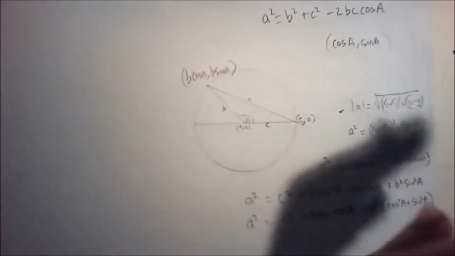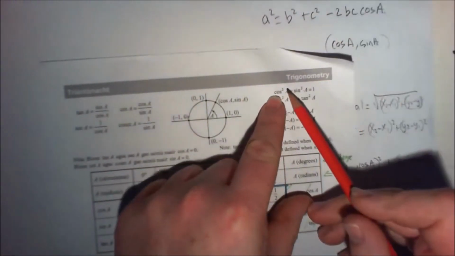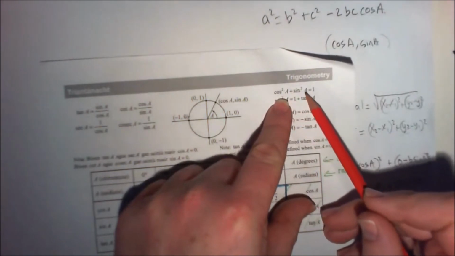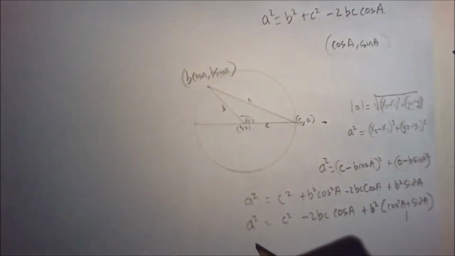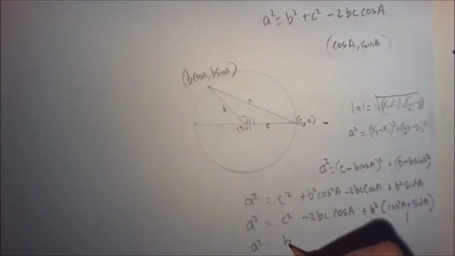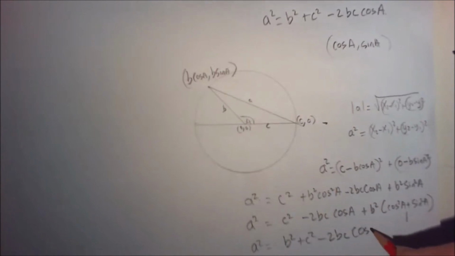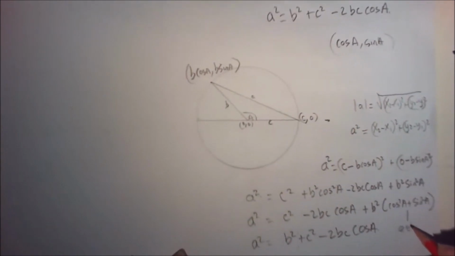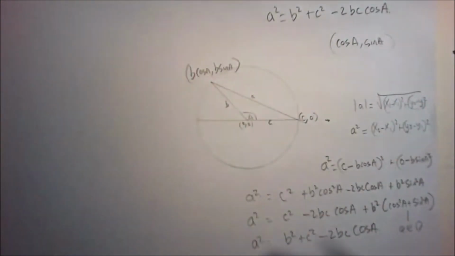Well, the magic of this all, your log tables: cos squared A plus sine squared A is magically 1. So 1 times B squared is B squared. A squared is equal to B squared plus C squared minus 2BC cos A, QED. And that is it. Absolute perfection. It's a tough one, lads. It's not for the faint-hearted.